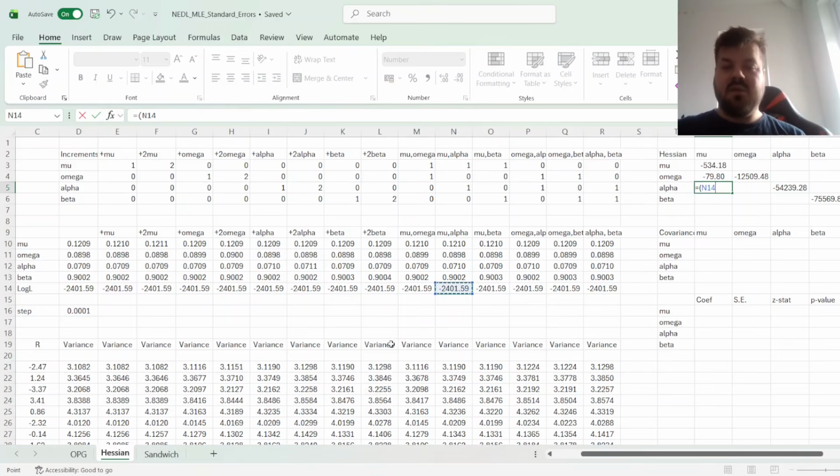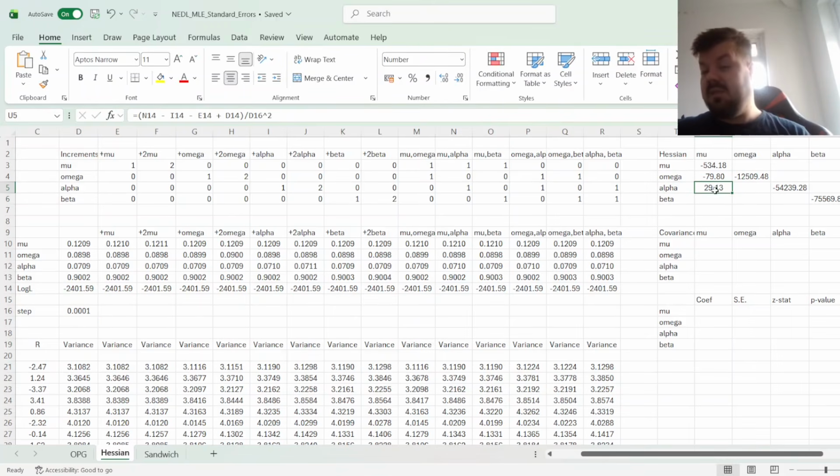Now, mu alpha: the log likelihood where we had increased mu and alpha, minus the log likelihoods for the estimates where we increased them both once independently, plus the original, and divided by the step squared. Now, off-diagonal elements can be positive. That doesn't mean that our estimation is wrong. You don't have to worry about it.